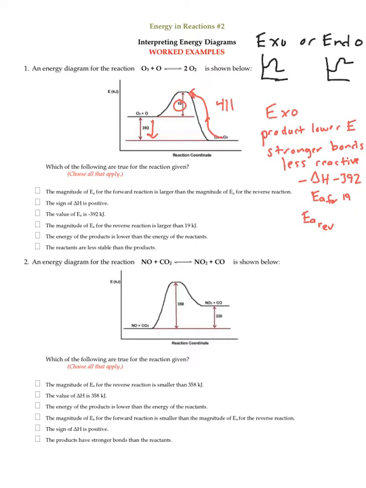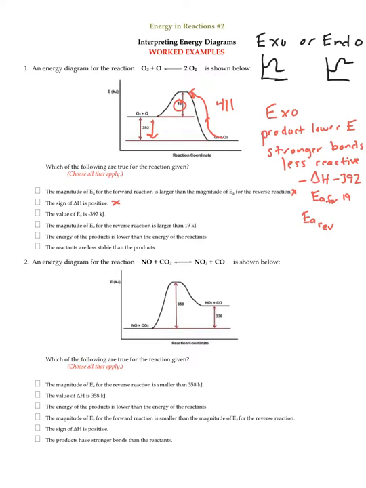That's never going to be true for an exothermic reaction, because in an exothermic reaction, the reverse direction is going to start from lower than the forward reaction started from, because again, our products are lower than our reactants. The sign of delta H is positive. That's not true. Again, we know if it's exothermic, that's a negative value.